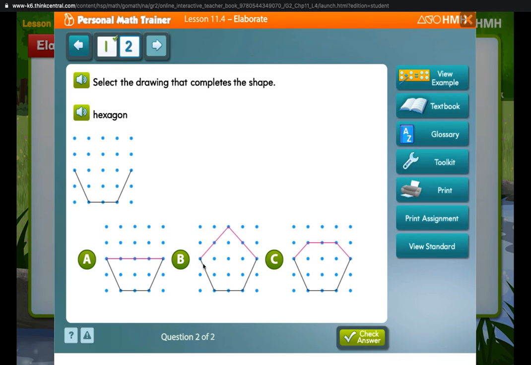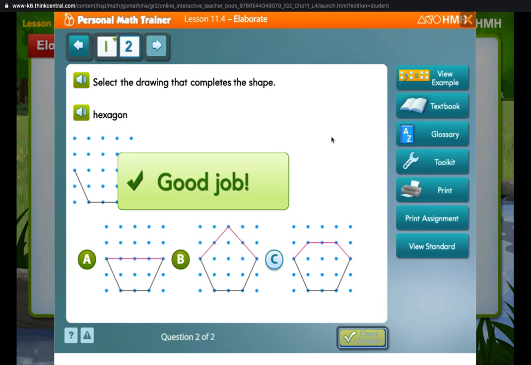This one would have one, two, three, four, five, and remember a five-sided shape is a pentagon. So this one wouldn't work. So C looks like it's going to be the best option, but let's make sure that it has six sides. So there's one, two, three, four, five, six. Boom, we got it. C is going to be the hexagon. Good job! Nice.